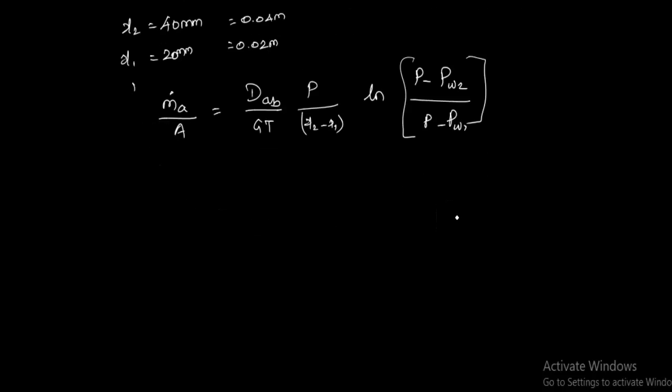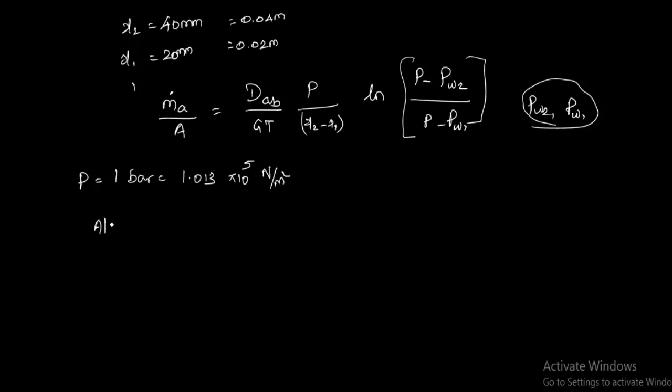Now in this formula, PW2 and PW1 are the water vapor pressures at that temperature, right? That value has to be taken from the data book, right? So total pressure P equal to 1 bar, which is equal to 1.013 into 10 to the power 5 Newton per meter squared.